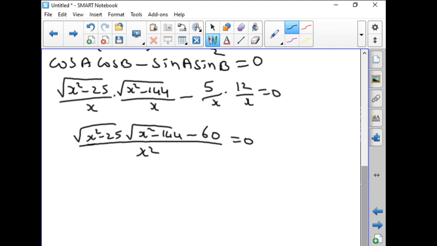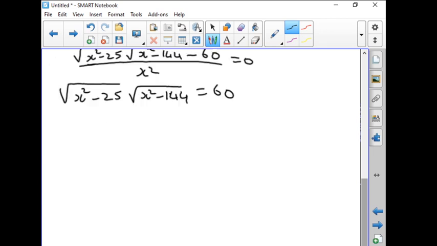When we cross multiply, what we get? Square root of x square minus 25 into square root of x square minus 144 equal to 60. The x square when you take to the other side becomes 0, then minus 60 we take to the right hand side. Now square this.